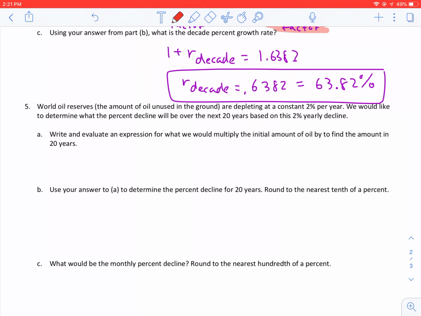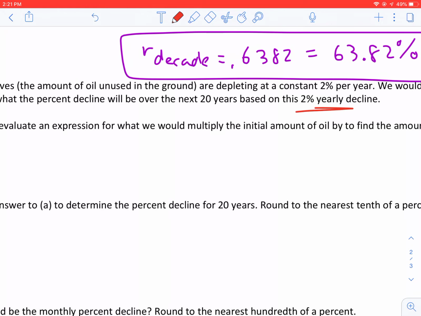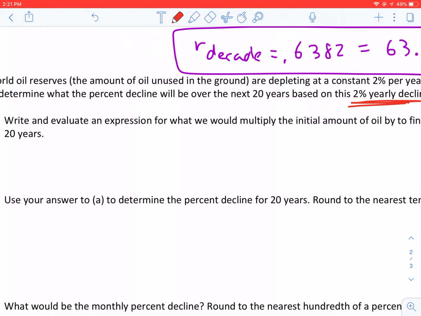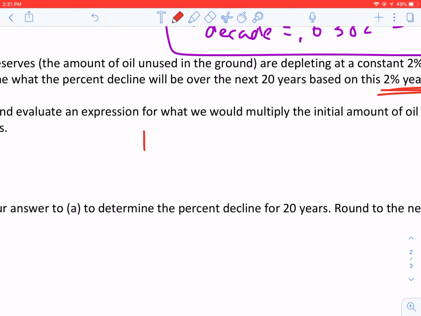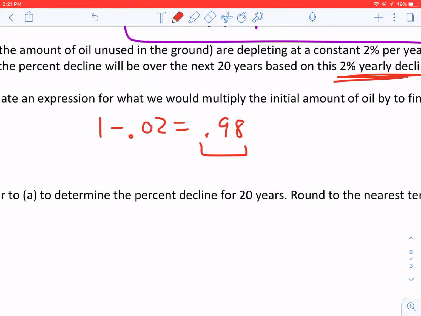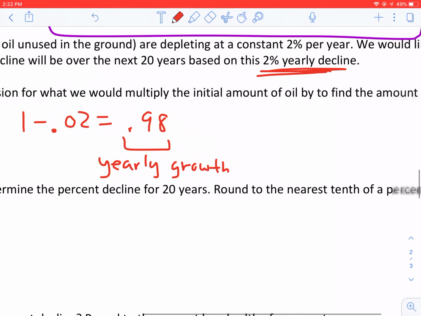So if it's a 2% yearly decline, our yearly growth factor is going to be 1 minus 0.02, or 0.98. This here is our yearly growth factor. So we multiply by each year to get what we have left over.